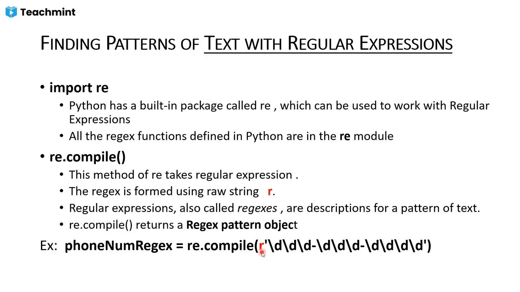For that purpose, it is good to use a raw string format. So r, and the pattern enclosed within single or double quotes. After the compilation, this returns an object. That object is called a regular expression pattern object.